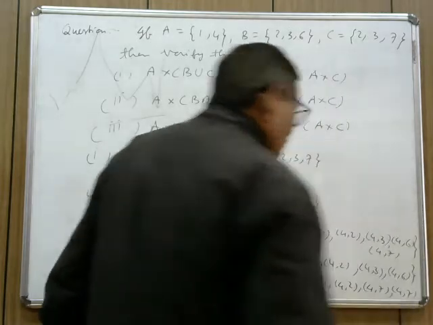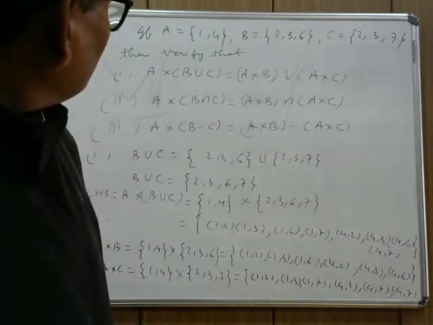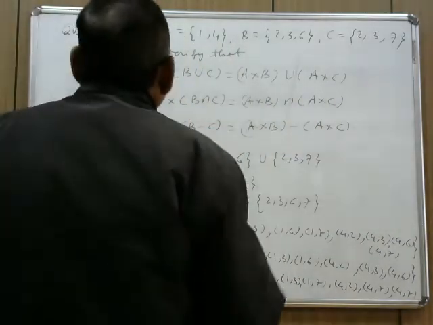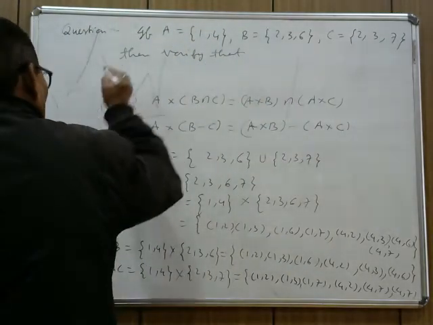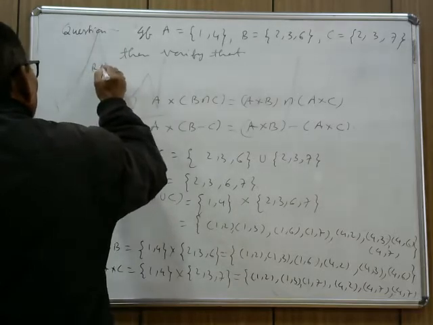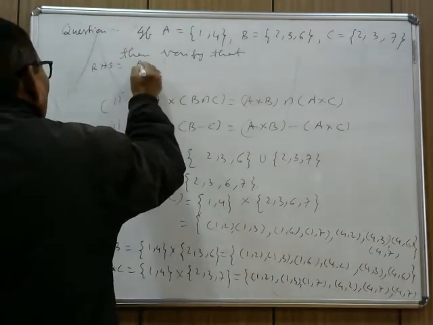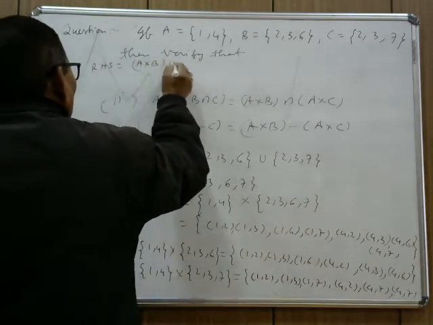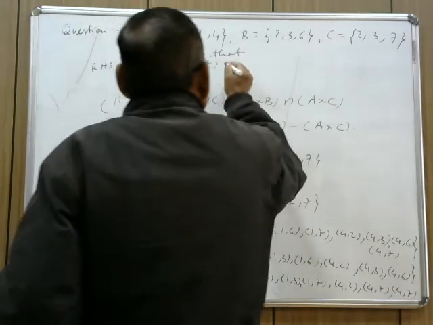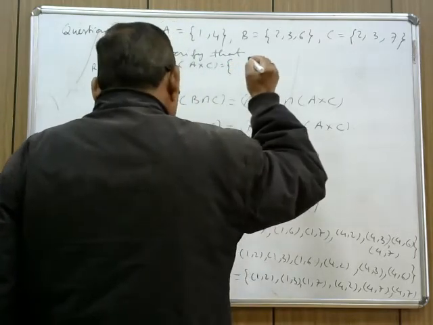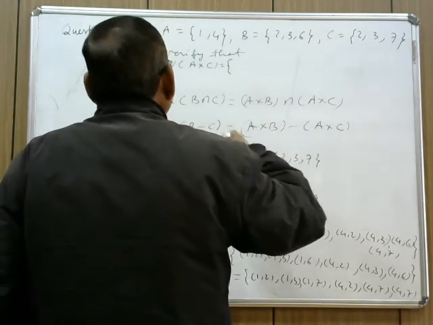Now you find their union. Your RHS is the union of this. RHS equals A cross B union A cross C. So A cross B and A cross C are there.